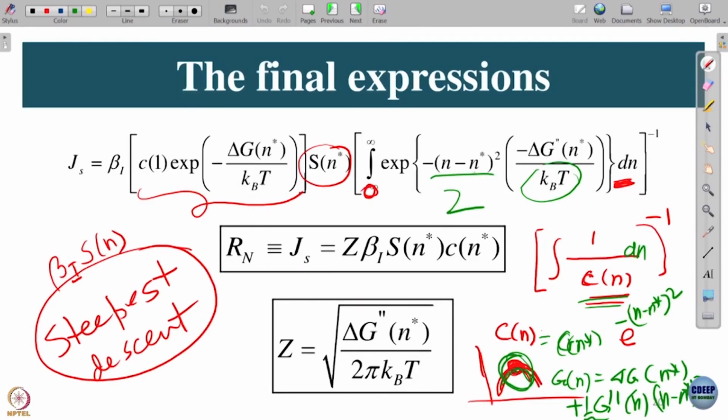We expand it in a harmonic form, and this is the second derivative, and then this is Gaussian. So I can now do this integration completely. Everything before, I have done that, I have the beta Sn.